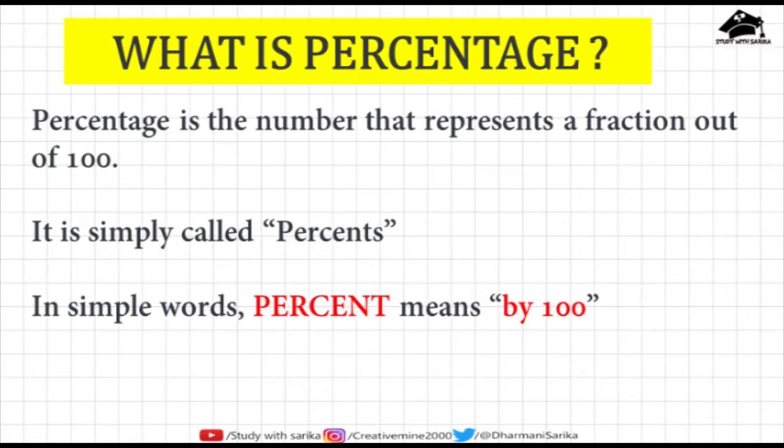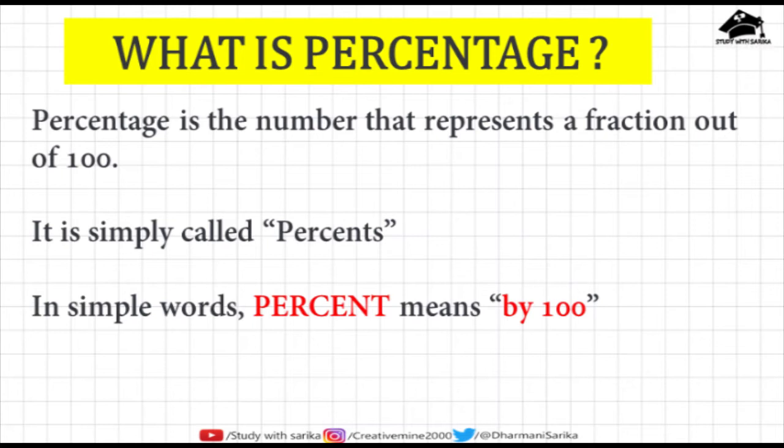Percentage is the number that represents a fraction out of 100. It is actually a fraction. Yes, percentage is a fraction, which is not a simple kind of fraction. Here, the twist is that the denominator value is always 100. Percentage is a special kind of fraction where the denominator number is always 100.